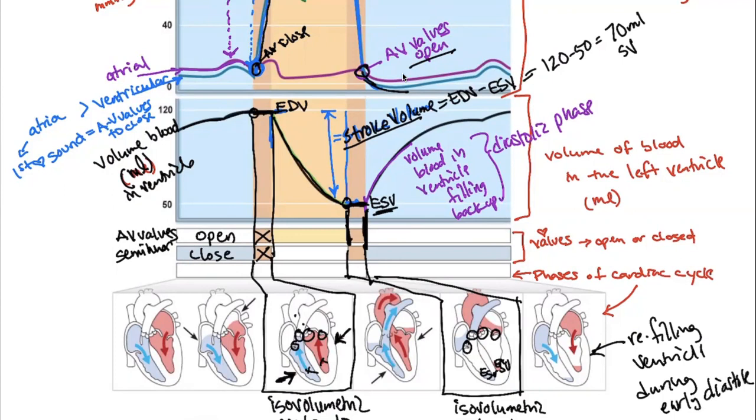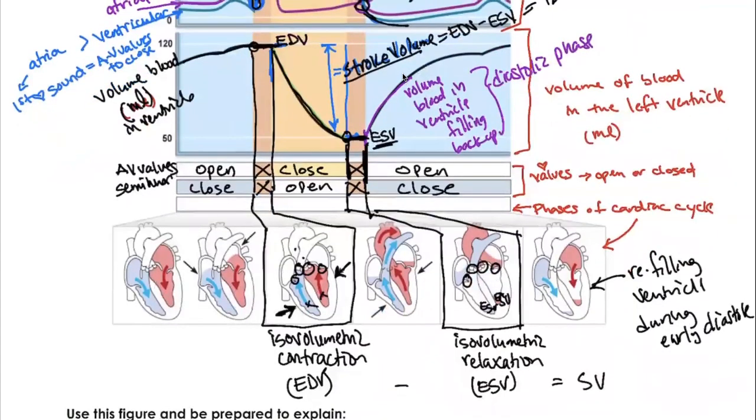And that's where they get into the phases. So here, the AV valves are closed and the semilunar valves open. And here's where these AV valves reopen and the semilunar valves are closed. Here's where they're all closed.